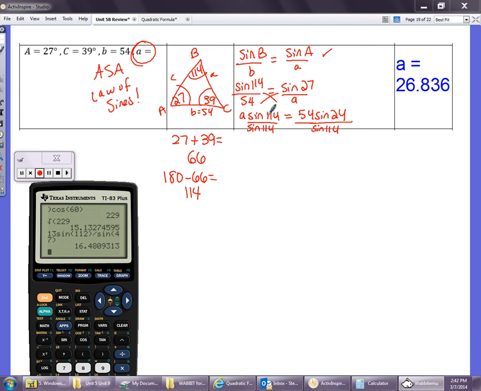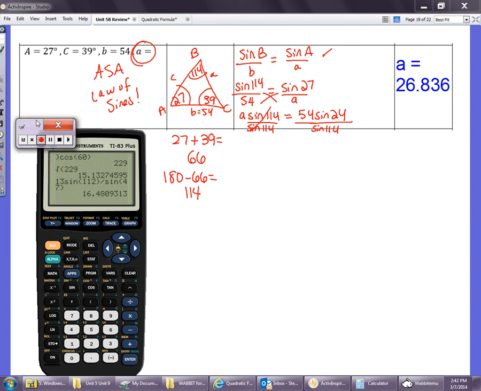So we have 54 sine of 27, sorry, not 24, divided by sine of 114.